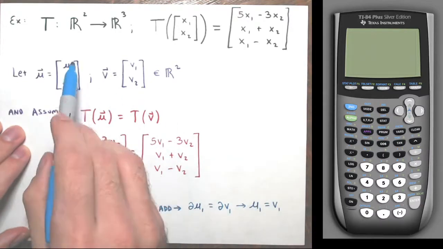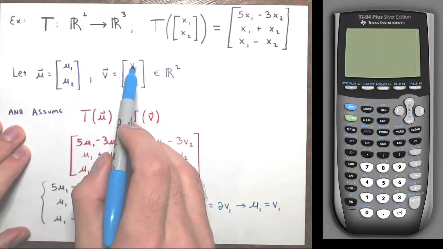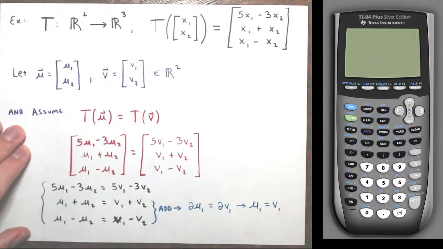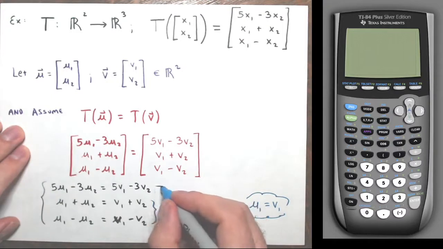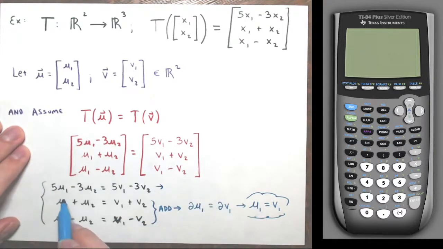All right, so I'm done with half of this. I've shown that the first components of u and v must be the same. Now that u1 is equal to v1, anywhere I see a u1, I can replace it with v1.